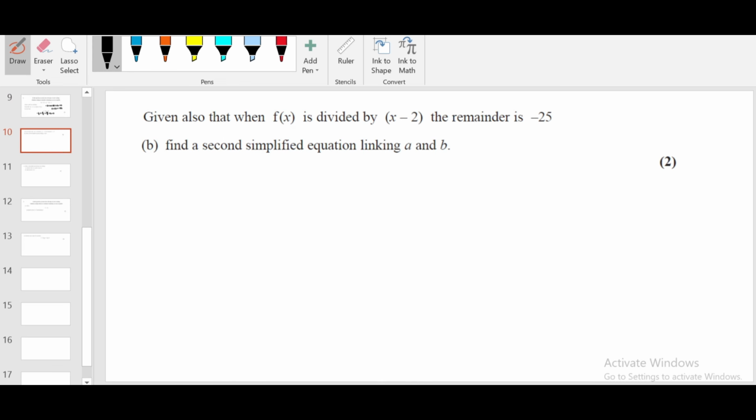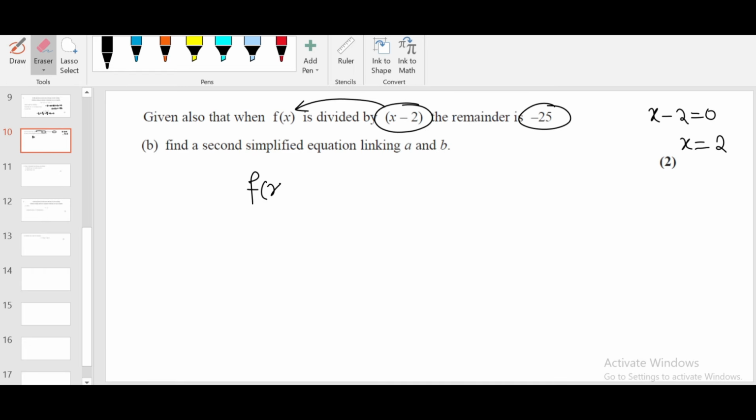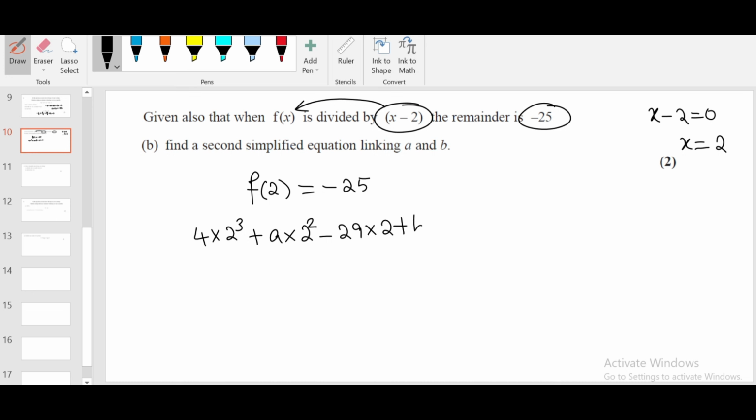Part B is talking about the remainder theorem. When f of x is divided by x minus 2, same like the previous one, you put it equal to 0 and find x. x is 2. When f of x is divided by x minus 2, the remainder is minus 25. So the remainder theorem says in the function, if you replace x by positive 2, you will get negative 25 as the answer. So 4x cubed plus ax squared minus 29 times 2 plus b is equal to negative 25.